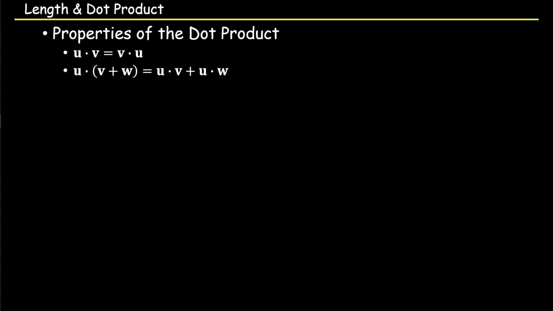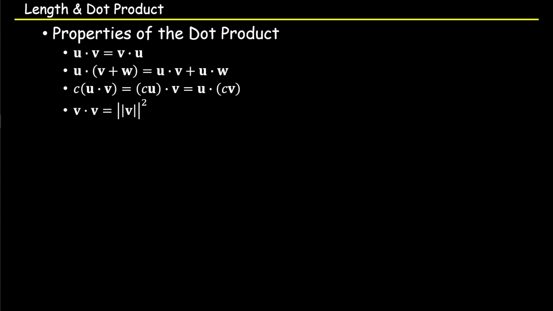Another thing is when you bring in a scalar, which we have as c, and you multiply by a dot product, it is the same thing as taking one vector, multiplying it by that scalar, then taking the dot product with the other vector. It doesn't matter which vector you multiply by the scalar first, it will always be the same thing. Again, this is mostly because it shows the property that multiplication is commutative with numbers.